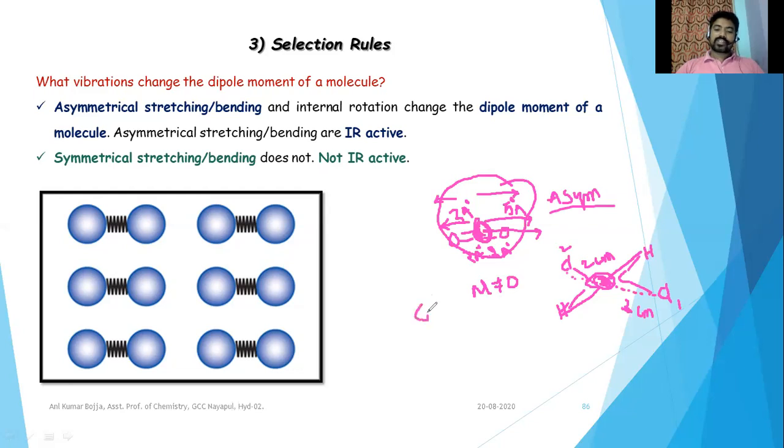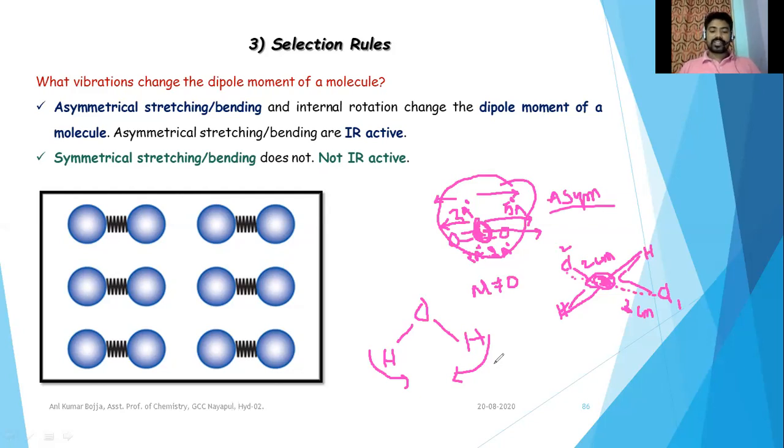Even during the bending vibration, if you take a water molecule, here it is a hydrogen atom, and here one more hydrogen atom. During the bending vibration, if one hydrogen atom bends very close, and the other hydrogen atom bends a little closer to the center of the molecule, such bending can be considered asymmetric bending vibration.